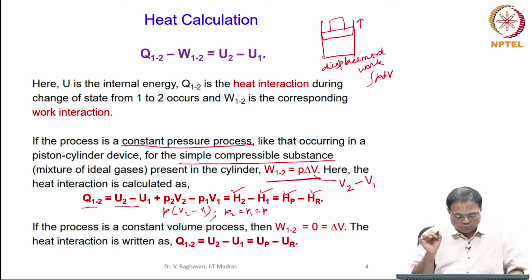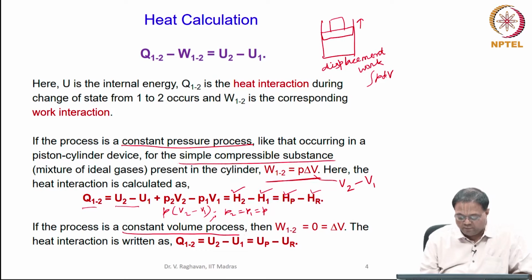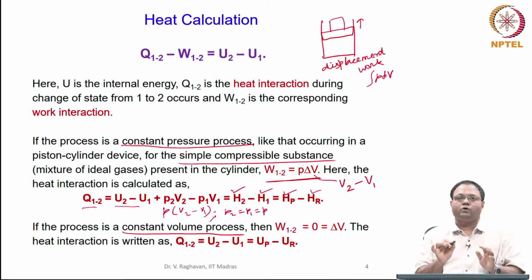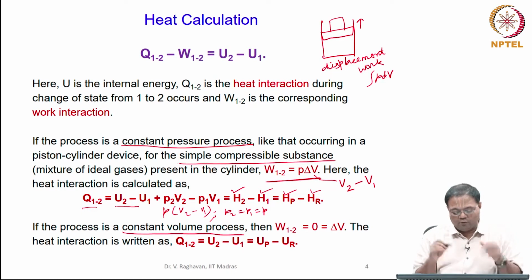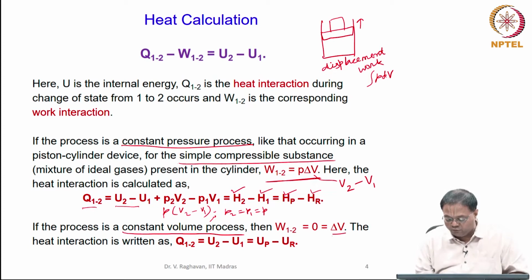On the other hand, if the process is constant volume, like in a bomb calorimeter, you have a constant volume, rigid vessel, and you allow the pressure to rise. Since the volume does not change, delta V equals 0, which means the displacement work will be equal to 0.